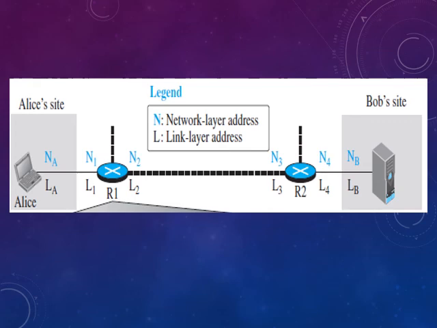The network layer passes the datagram and L3 to the data link layer belonging to the link at the right side. The link layer encapsulates the datagram, adds L3 and L2, its own link layer address, and passes the frame to the physical layer. The physical layer encodes the bits to signals and sends them through the medium to R2.